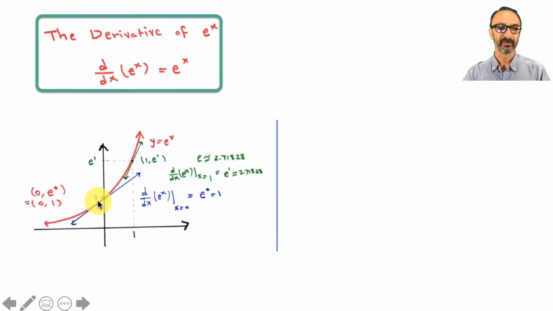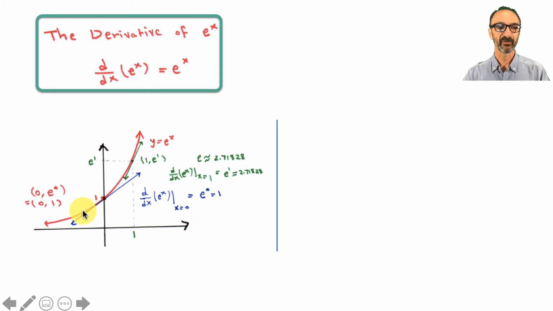At 0, 1, the slope is 1. It's right there. The slope is the same as your output. And it looks like the slope is 1.